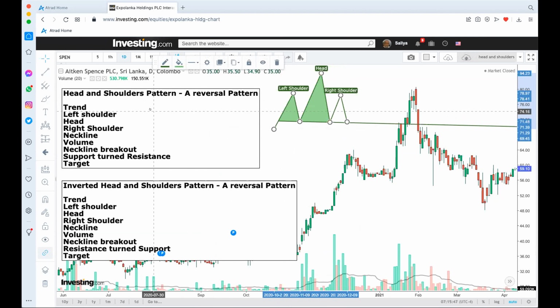So now we managed to draw the left shoulder, the head, the right shoulder, the neckline. Then what happens to the volume? Volumes normally increase, but it's not always, right? But it will be ideal when the volumes increase at this rally, the left shoulder rally.